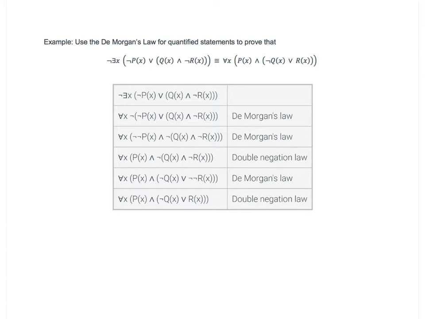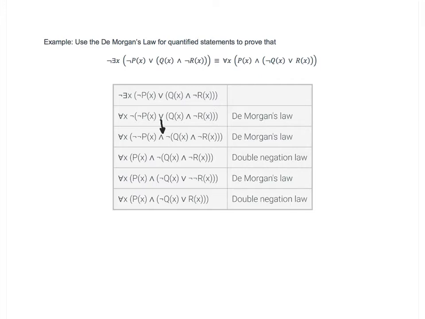Again, based on De Morgan's law, when you distribute a negation over a disjunction, the disjunction becomes a conjunction, and therefore we have negation of p of x conjunction with negation of (q of x and not r of x).